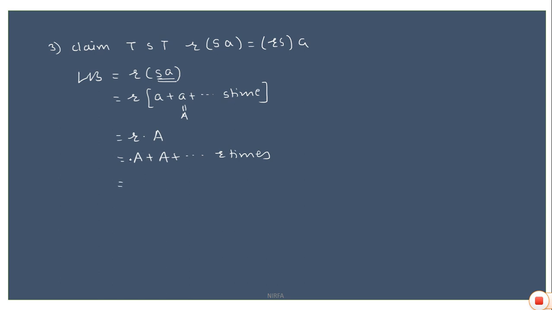Therefore this is a summation of a, s times, and this bracket is added up to r times. So ultimately the small a can be added rs times, so it is (rs) times a. So this is your right hand side, and therefore it satisfies all the conditions of the module. Therefore in this example G is a module over the ring of integers R.